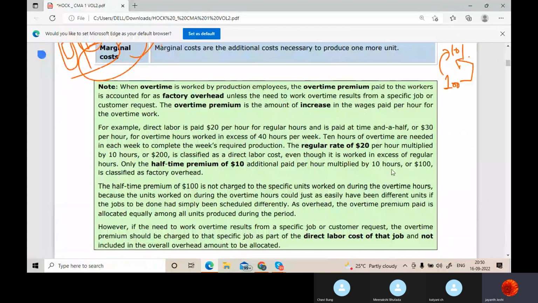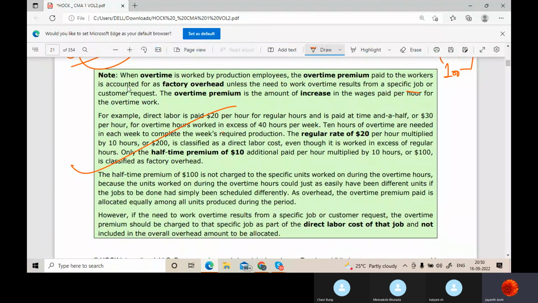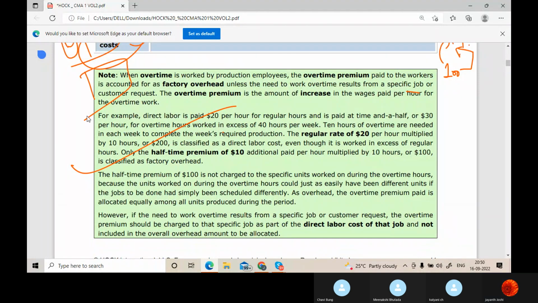So I want you to read this. And madam, you should explain me what this is. I'm waiting for your reply. Hello. Are you following? Yes, sir. Hello.